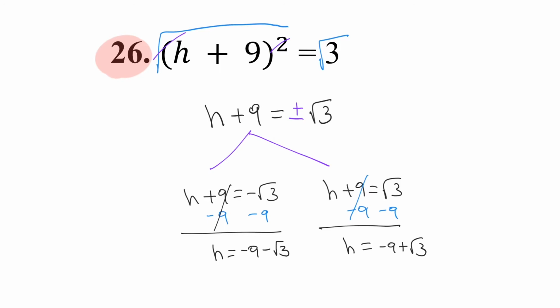They're almost the same thing. The only difference is the minus and the plus in between. So one way you can write down your answer is h equals negative 9 plus or minus, notice I'm putting the two signs together, the plus and the minus, and we keep the square root of 3. So my answer for h is right here.